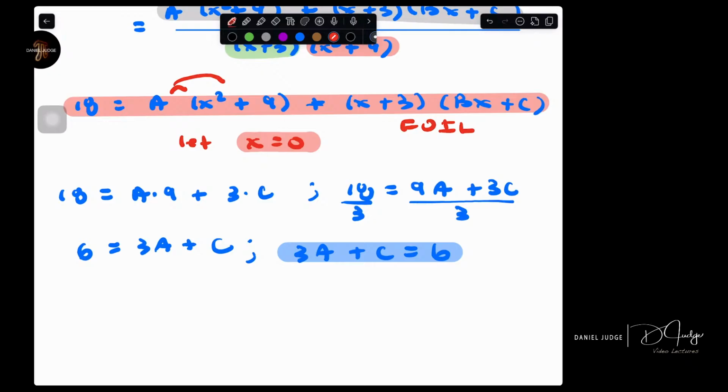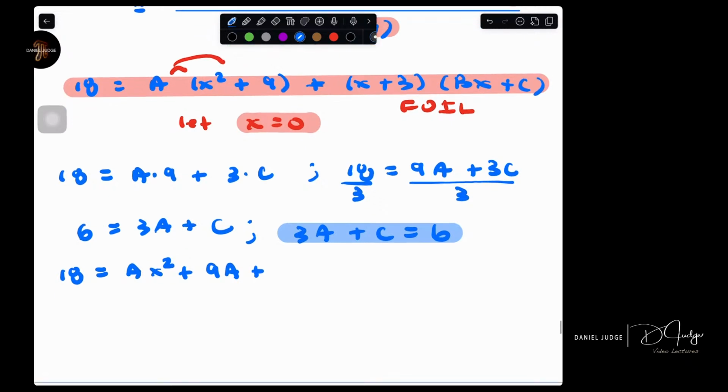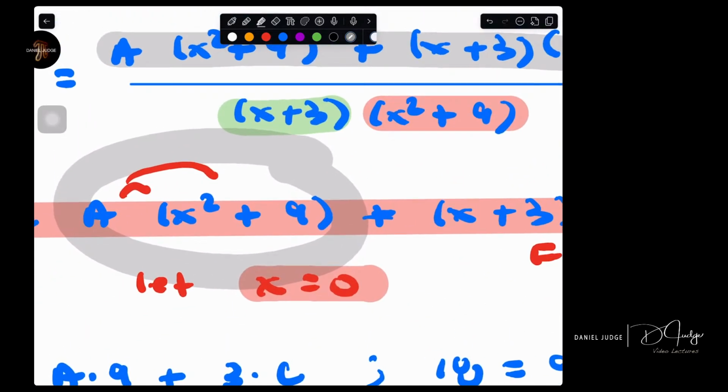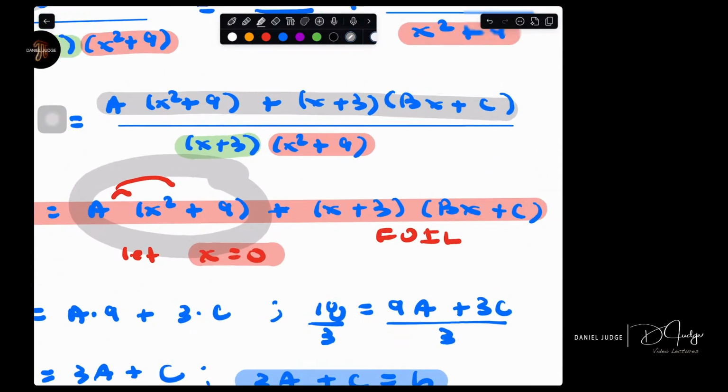But notice if I use a little algebra here, we're going to get ax squared plus 9a. Now by FOIL, multiply the first term. So all I did was distribute right in here. Now I'm going to multiply.